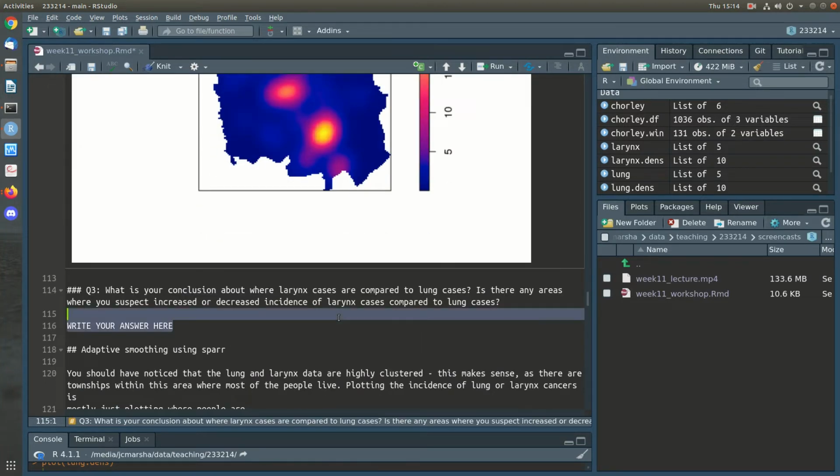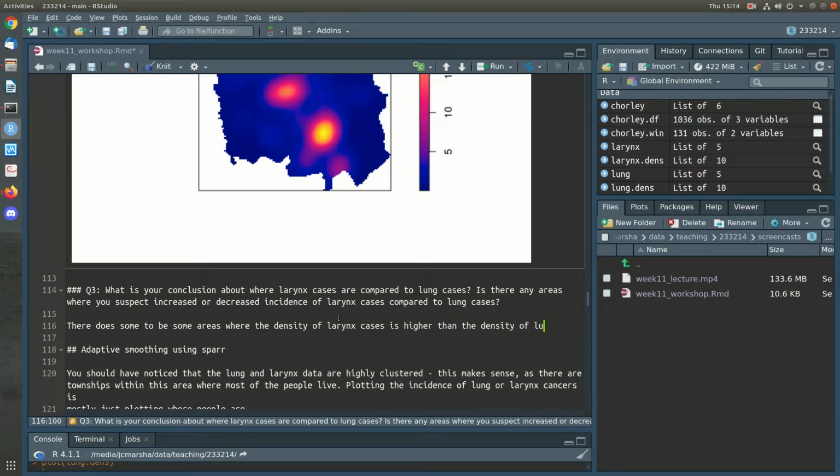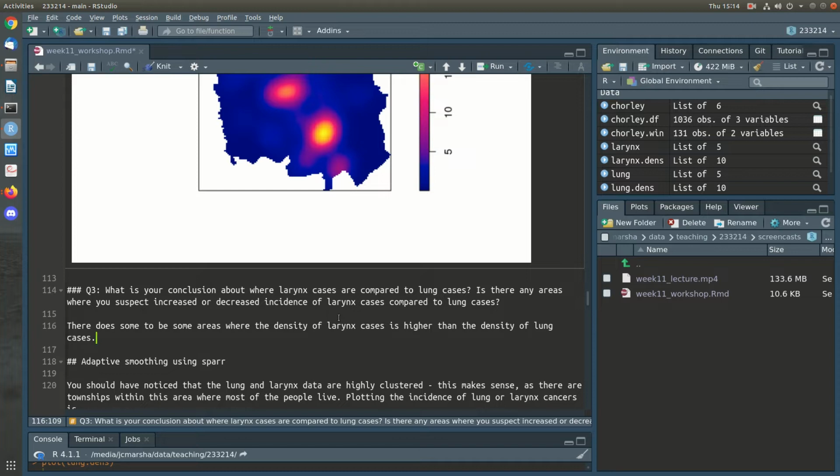So there does seem to be some areas where the density of larynx cases is higher than the density of lung cases, e.g. in the south.